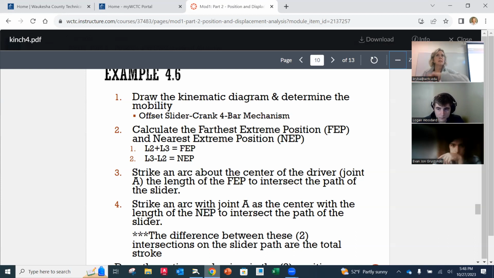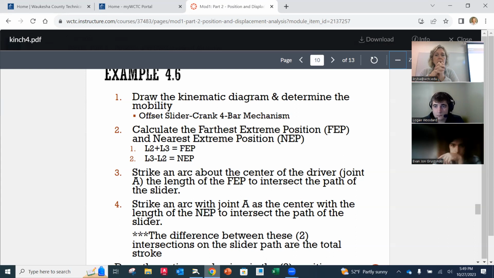Then, as that crank rotates around, link number 2 is going to overlap on 3. So we're going to take the total length of 3 and subtract off the length of 2. And now that's going to be its closest or nearest extreme position. And we'll see how this plays out. It makes more sense when we see the actual graphics of it.